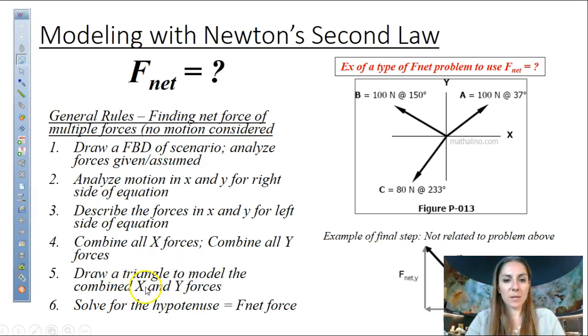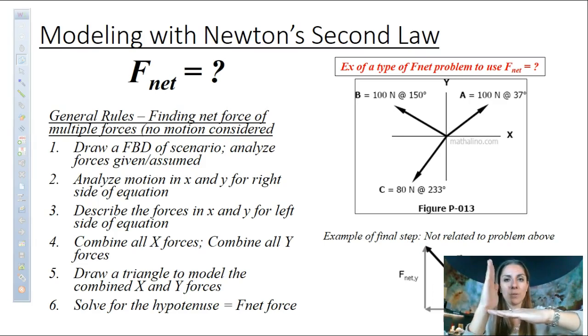Then I'm going to redraw the combined forces of x and y and make a triangle from that, because to add an x component and a y component, what we're really doing is finding the hypotenuse of that triangle. So by summing up all these forces, finding their x and y's and redrawing the triangle, we're essentially finding the net force on the situation. And we're going to solve for the hypotenuse of that new triangle.